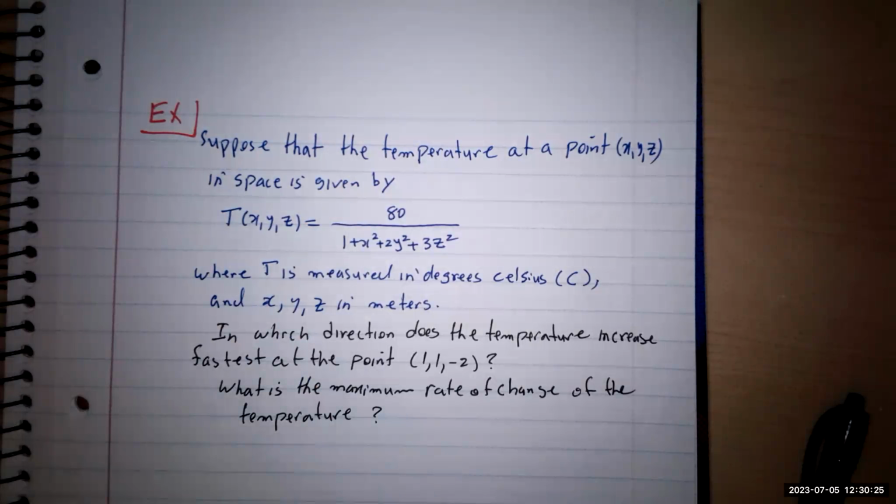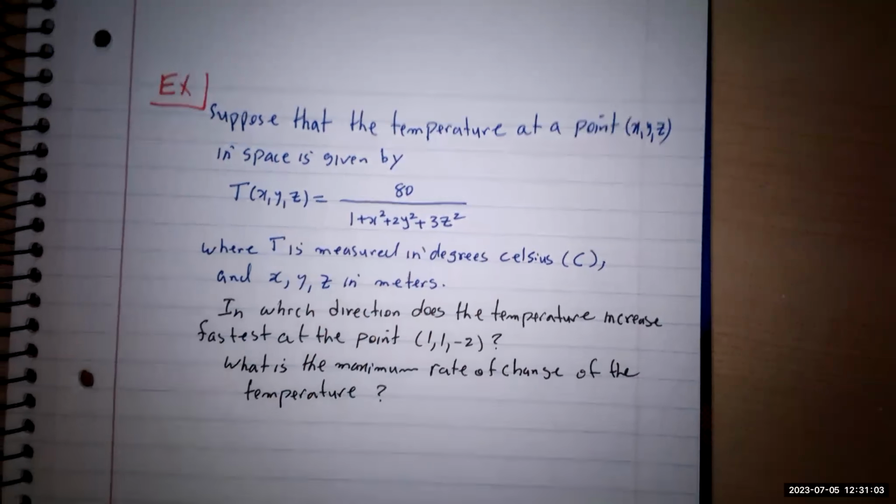Your function is T, so you have to find the gradient of T. The gradient of T at this point (1, 1, -2) gives you the direction, and the norm of the gradient at this point gives you the maximum rate of change of temperature. You're done. If this function is given to you and they ask you to find the gradient, fine, but when you put it in the application version, you must know yourself what the conclusion is. That's a very nice application of this form.